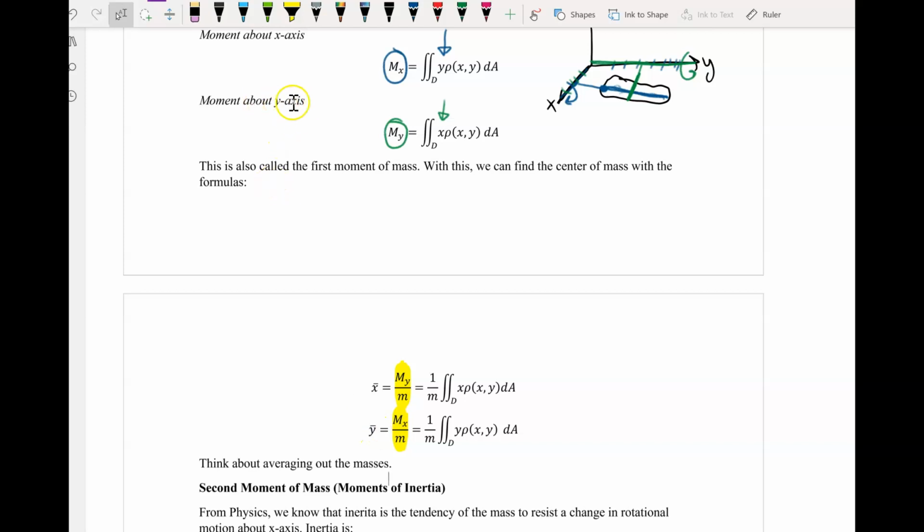Same thing, the moment about the y-axis took into account our x's, so it makes sense to divide that moment by the mass to get x bar. The way we say this is x bar, and this is y bar. These are just centers of mass.